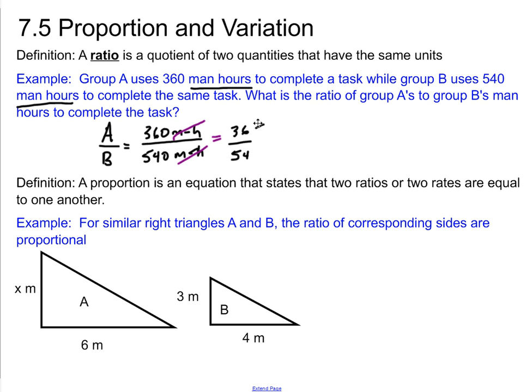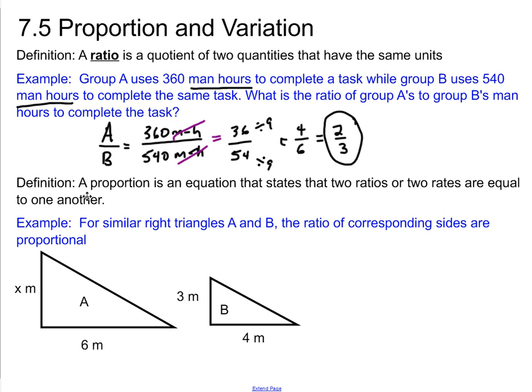To me, of course, I see 9 right away. If we divide by 9 in each case, 36 divided by 9 is 4, and 54 divided by 9 is 6. We can reduce one more time: 4 over 6 reduces by dividing by 2, which means that our actual ratio would be 2/3. So that's our ratio right there.